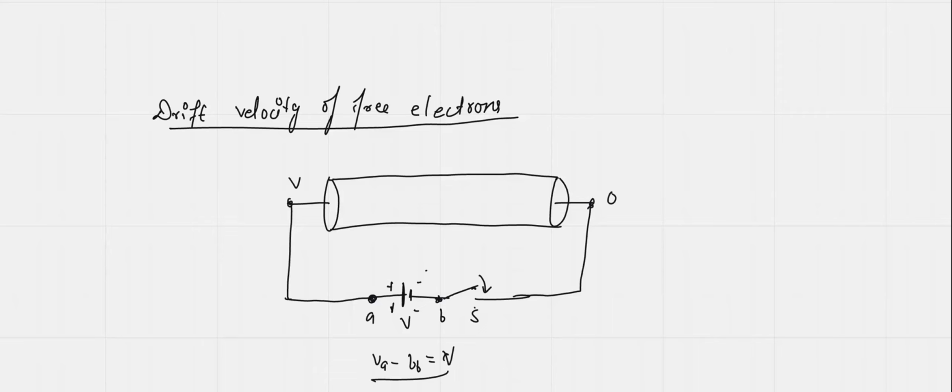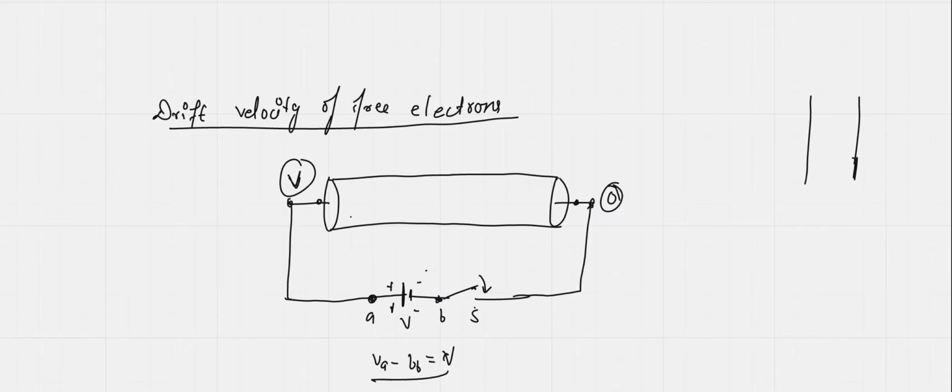Okay. So due to the negative terminal, you are assuming it to be zero, so the other side will come out as V. Now what is the total potential difference across this conductor, Kirtana? V, sir. And if there is a potential difference across this conductor, there will be an electric field, right?